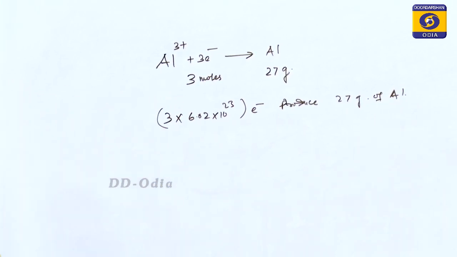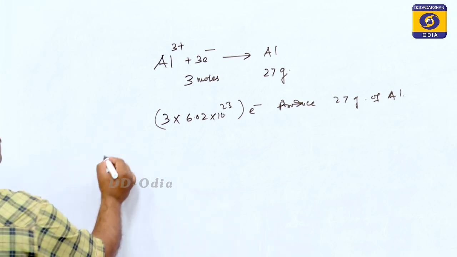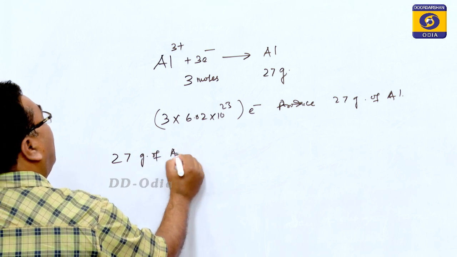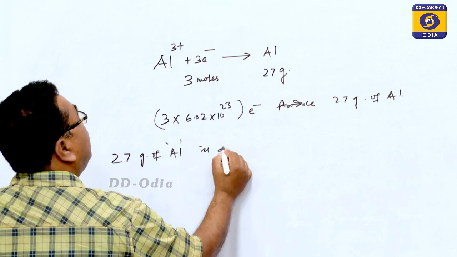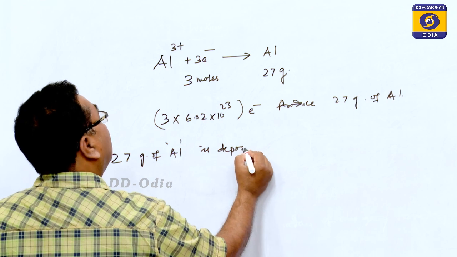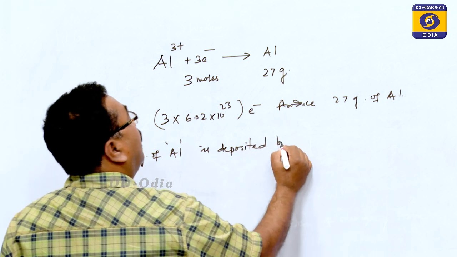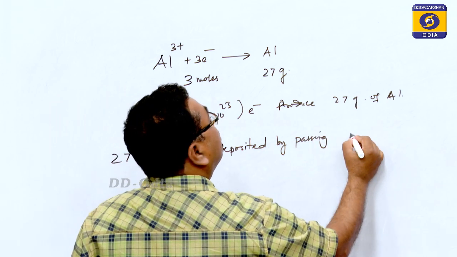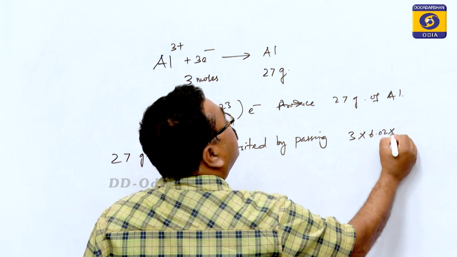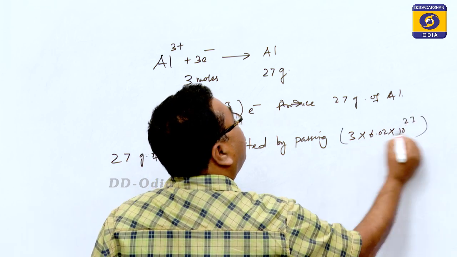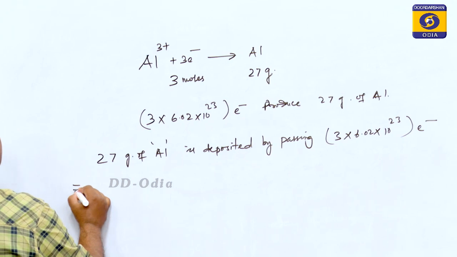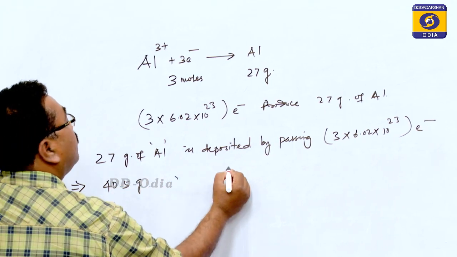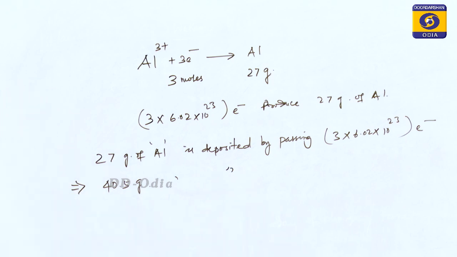We can make it in another way: 27 gram of aluminum is deposited by passing 3 into 6.02 into 10 to the 23 number of electrons. So, this implies 40.5 gram of aluminum will deposit how many number of electrons.